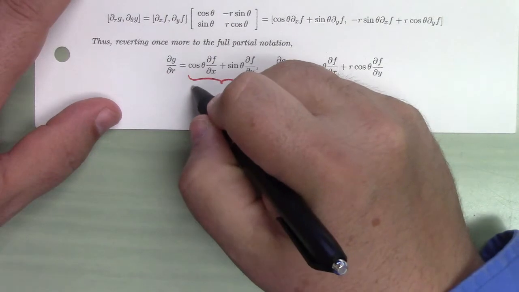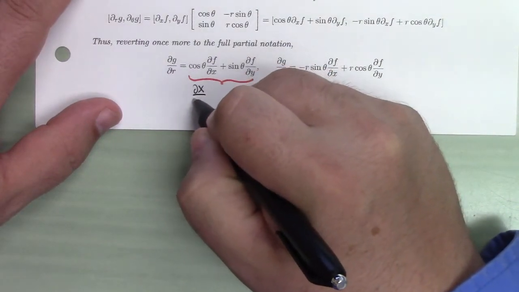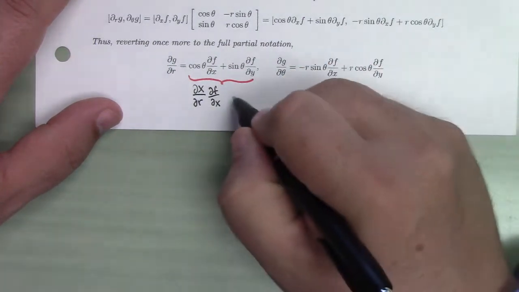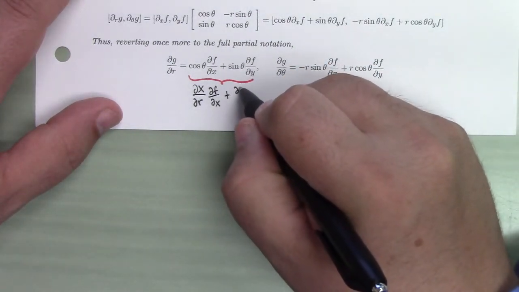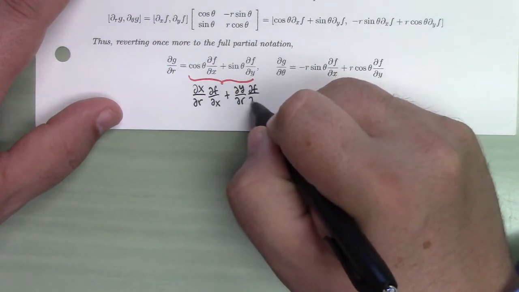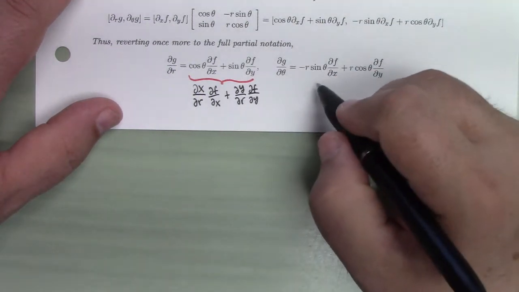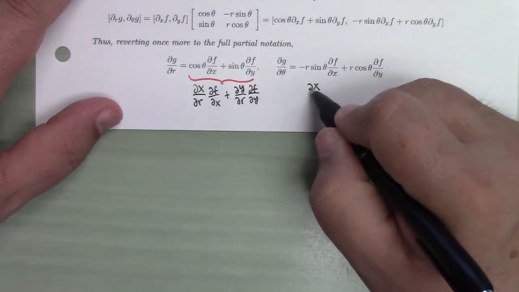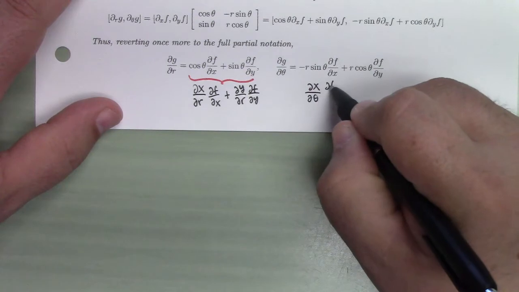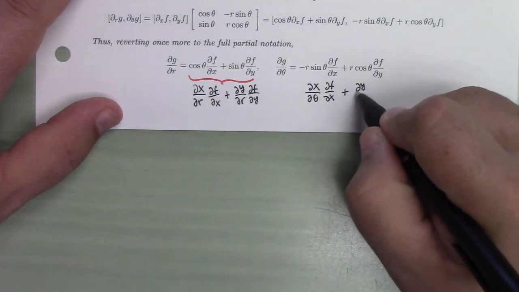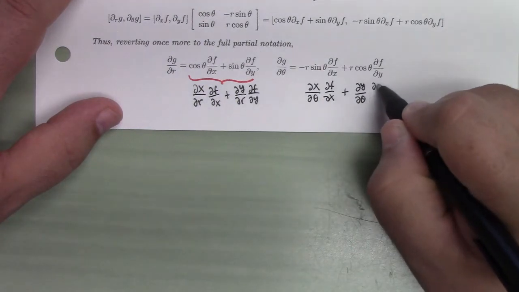So what we're actually looking at is partial x partial r, partial f partial x, plus partial y partial r, partial f partial y. And this one over here is going to be partial x partial theta, partial f partial x, and then partial y partial theta, partial f partial y.